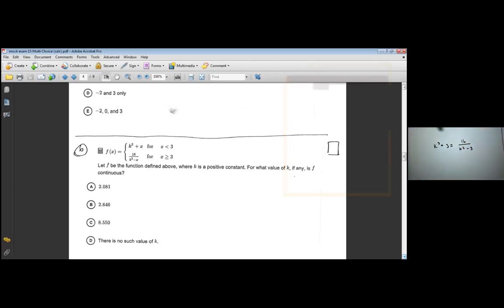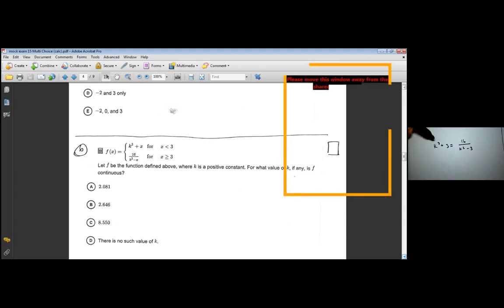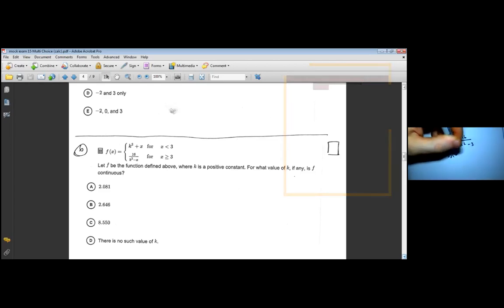So we've got our X values in. All right, let's see. This looks like we're going to need a calculator, based on these choices. I would treat this as a fraction equals a fraction and cross multiply. So if I crisscross these, this is K to the 3rd plus 3 times K squared minus 3 is equal to 16.